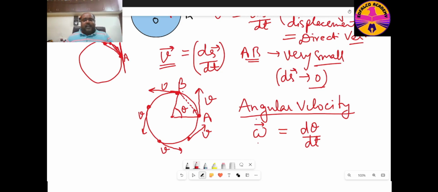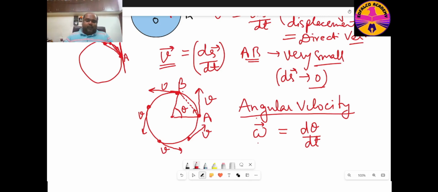We will talk later about the direction of this omega. If your theta is changing like this, and you curl your hand in the direction of theta change, the thumb will point in the direction of your angular velocity.